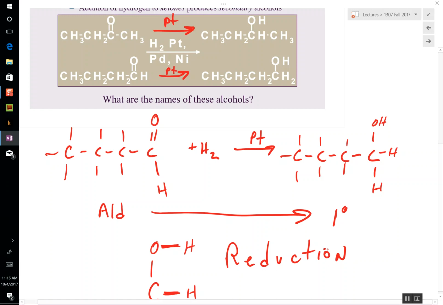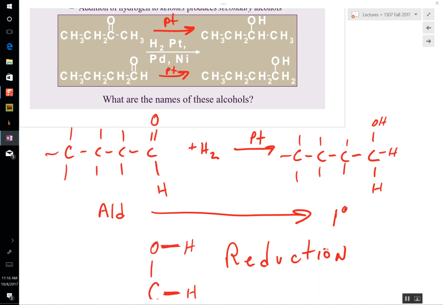All right, so the top reaction is the same thing. The same scenario is playing out with a ketone. We just happen to have a carbon-oxygen double bond along the chain, and so we end up with a secondary alcohol. We end up with an OH along the chain. So the reaction of a carbon-oxygen double bond with hydrogen is the same, whether it's an aldehyde or a ketone. The big difference is the type of product you get.